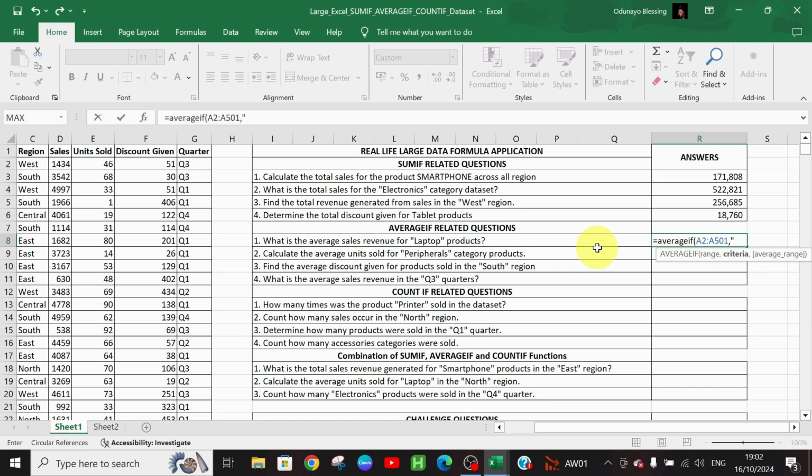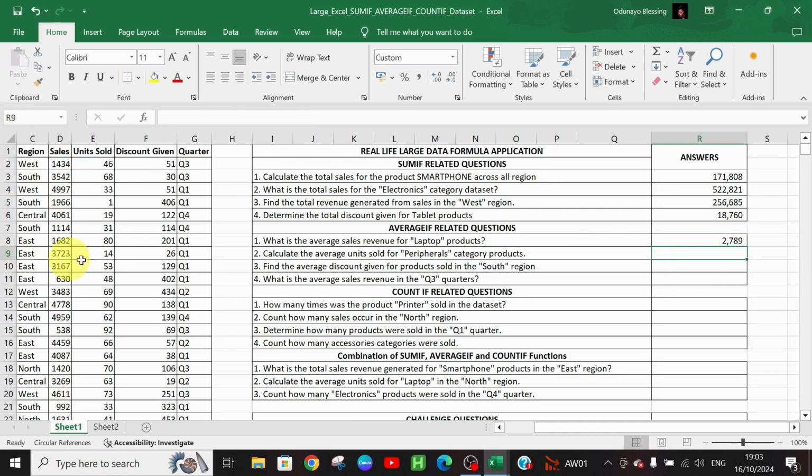The product we are looking for is the laptop. The next thing after the laptop is the average range, because it's talking about sales. The sales is D2 to D501, and that gives us the answer.